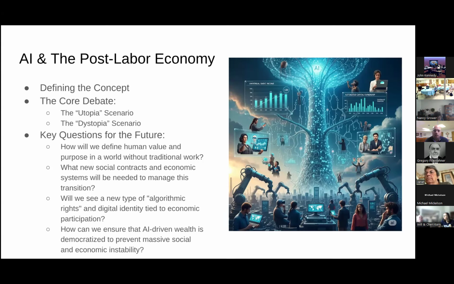pillar of economic participation. And if you think about this, since the Industrial Revolution and since the automation of farming, 80% of people were farmers in 1800. Now it's like 2% of people are farmers, right? And they supply more than enough food for the world if you ignore the artificial scarcity that goes into distributing that food.